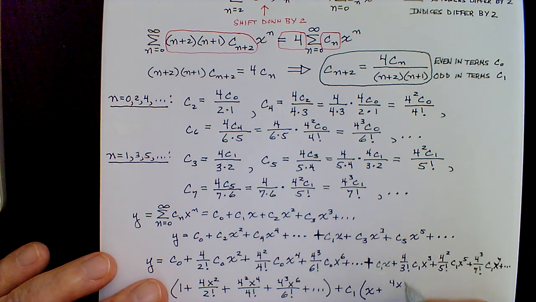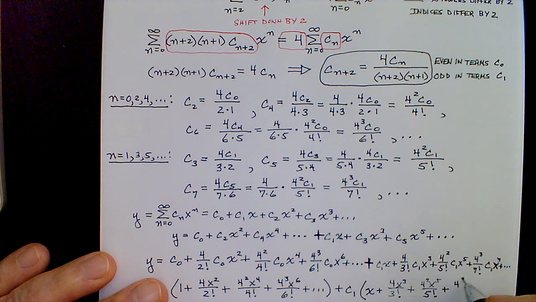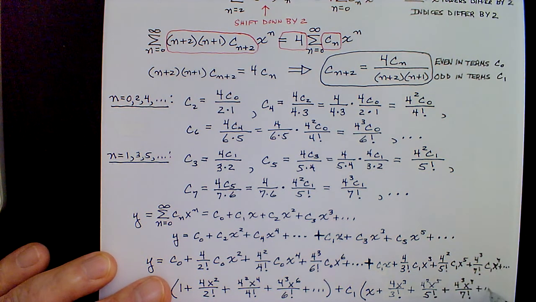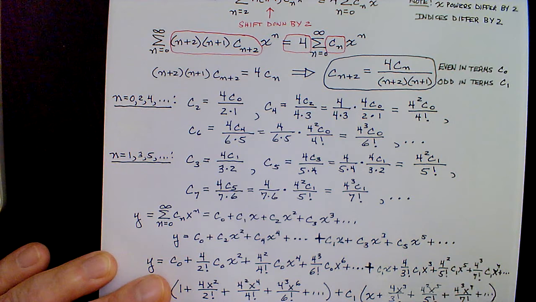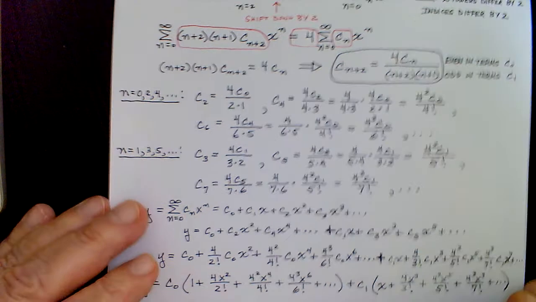So let's say plus 4x cubed over 3 factorial plus 4 squared x to the 5th over 5 factorial, and then plus 4 cubed x to the 7th over 7 factorial, and so on. Okay, so now to our table.